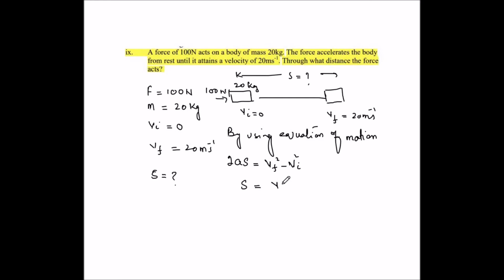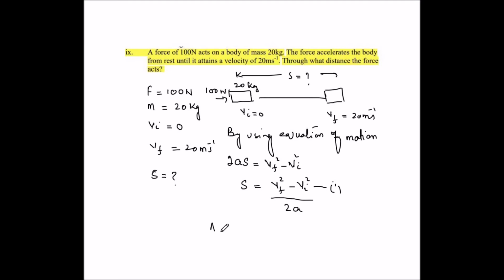So you can write s is equal to Vf squared minus Vi squared over 2a. If you need s, then you need final velocity, we have 20. You need initial velocity, 0, we have, but you don't know the acceleration. So what do we do, we use other information. Label this as equation number 1.